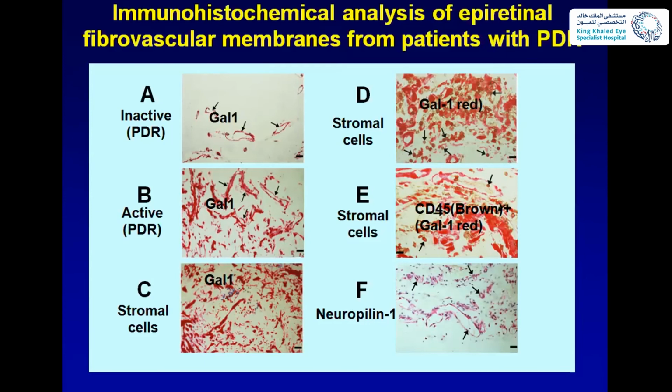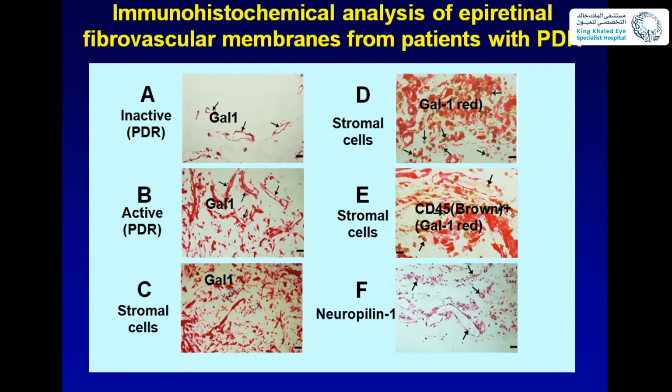Active PDR, more endothelial cells, more angiogenesis, more neovascularization, and more expression of galectin-1. Huge expression of galectin-1. Stromal cells in the PDR of epiretinal fibrous membrane, when we stain with galectin-1 in the stromal cells, we can see more expression of galectin-1.